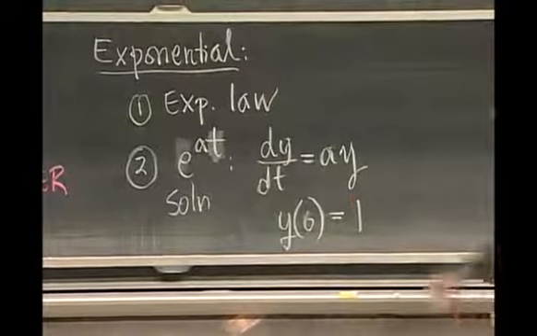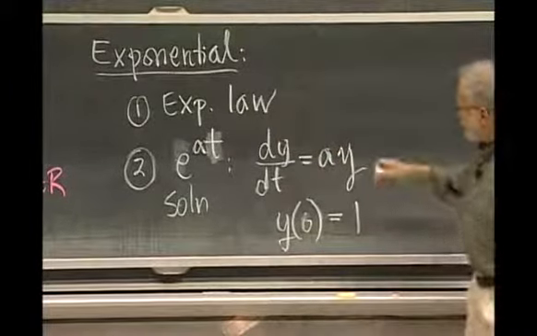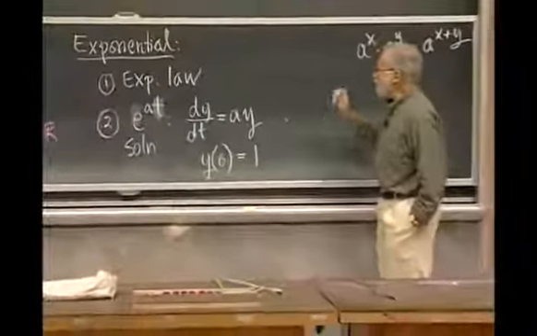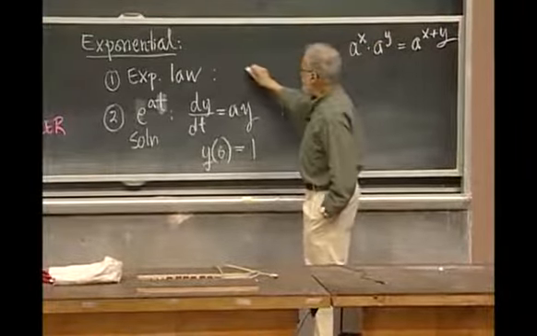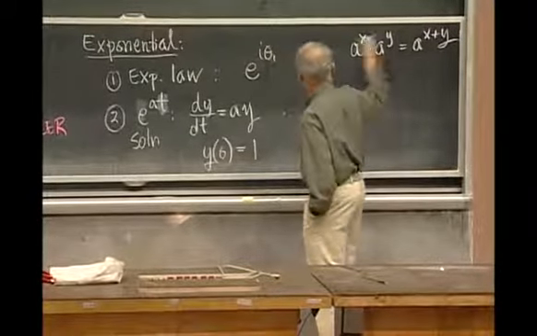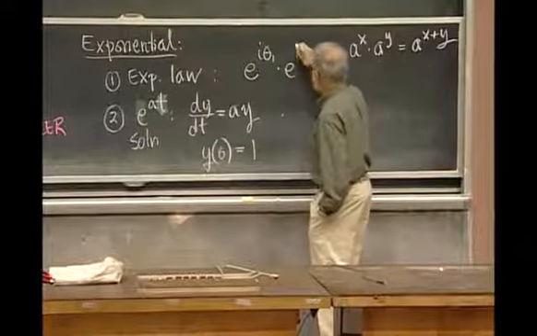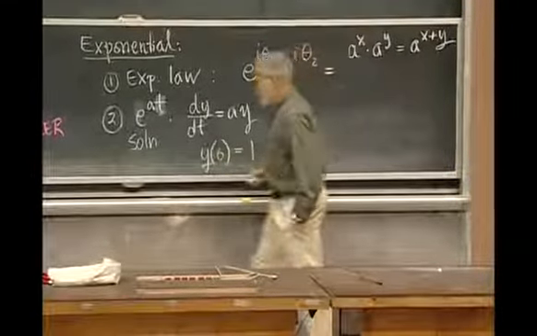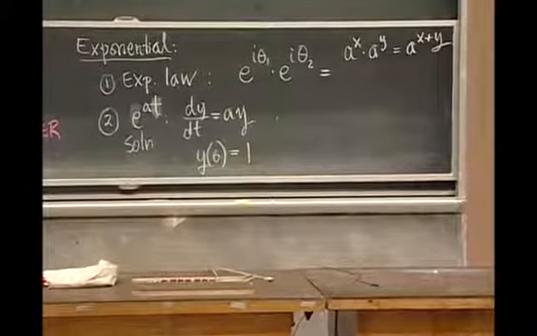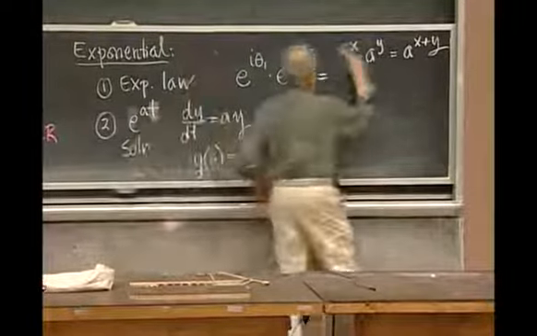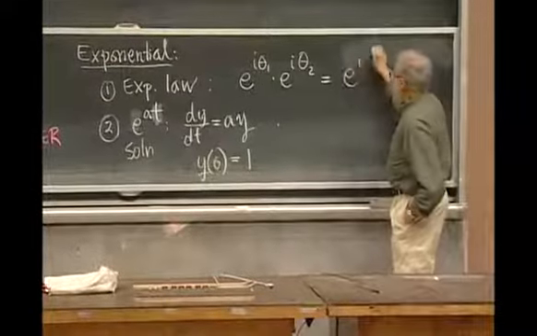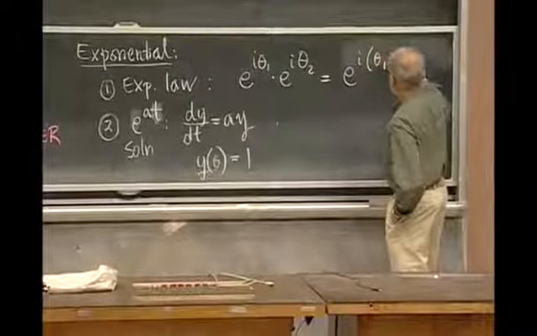Now, if you're going to call something e to the I theta, we want that to be true. So here are my questions. Is it true that e to the I theta 1 times e to the I theta 2, oh, I see I'm on a collision course here, but that's easily fixed, is equal to e to the I times theta 1 plus theta 2?